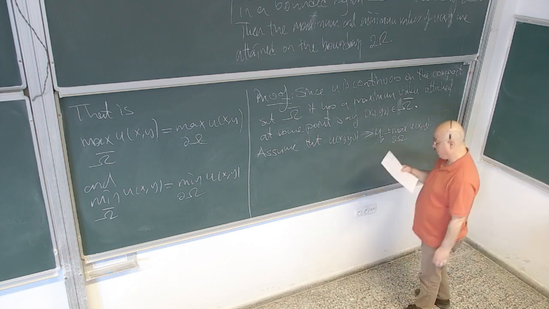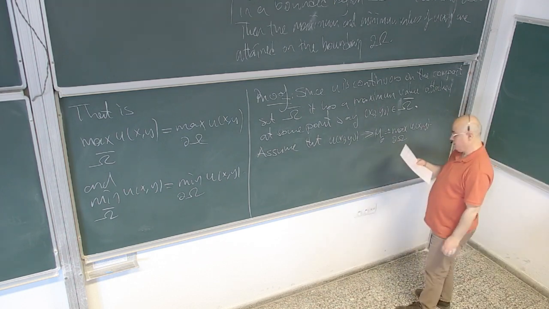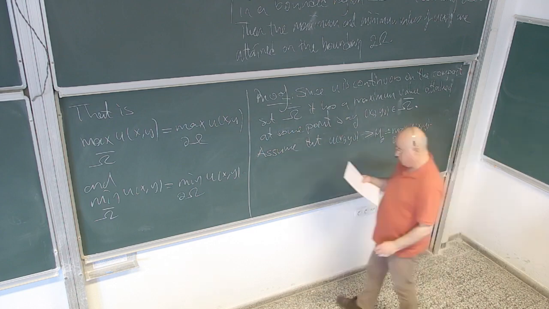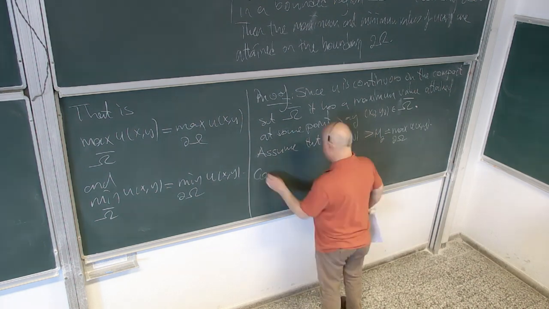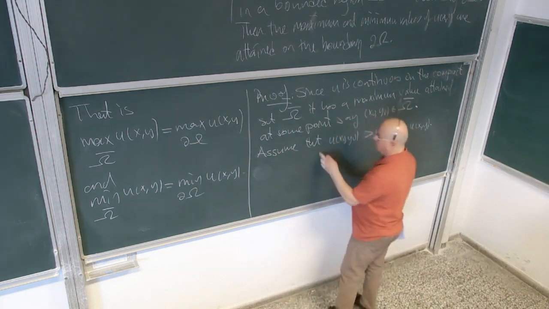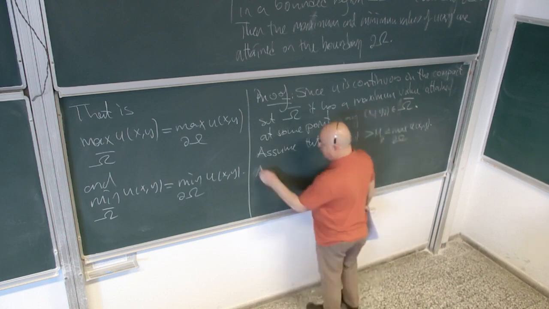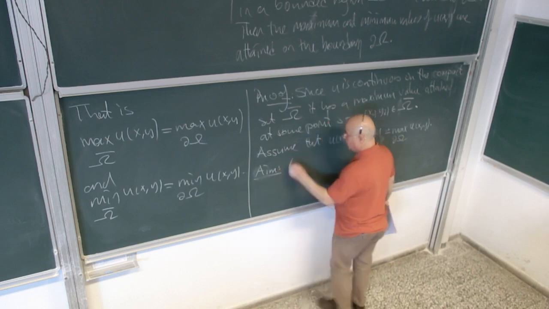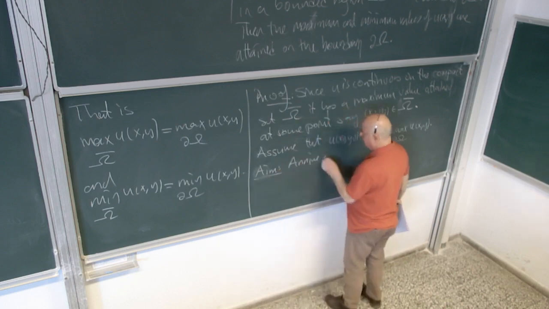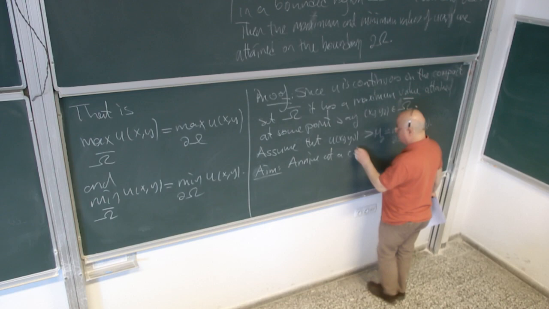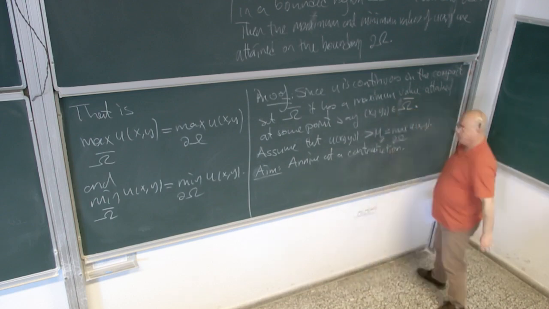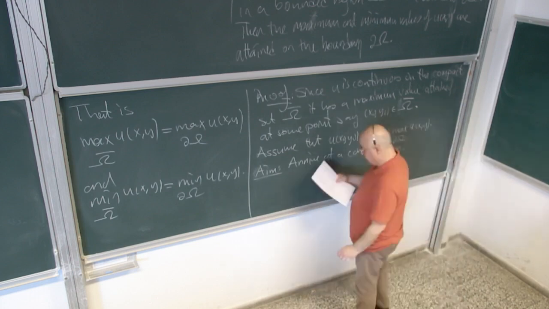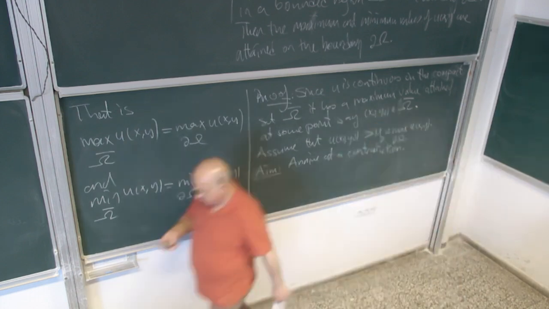O zaman okay. Şimdi şu var. Consider the function. Ben neye ulaşacağım? We will arrive at a contradiction, right? Aim: arrive at a contradiction. Peki, bunu şöyle yapalım. Şuradan devam edeyim.